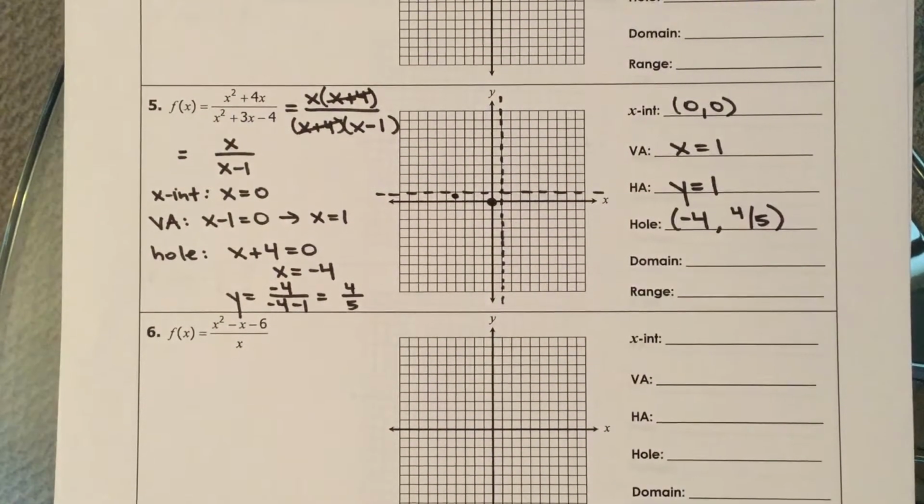Domain and range, you're just excluding vertical asymptotes, horizontal asymptotes, and holes. This one, a lot of these, you want to just take a quick glance at what a calculator would look like. You can plot a couple of additional points if you want to. So this one, for number 5, you've got just this kind of normal reciprocal type of function curve.